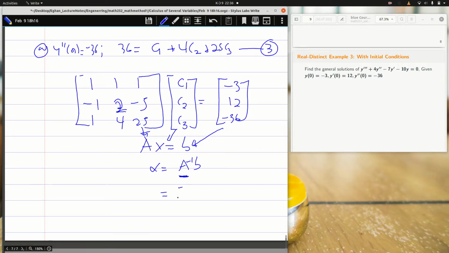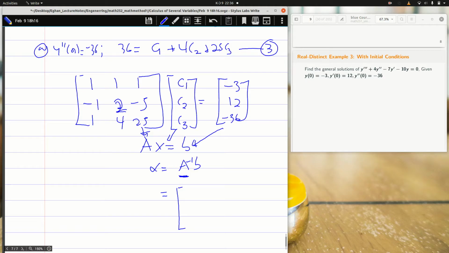Let me check my calculator here. I have -5 on 2 for the first one, and then 1 for the second, and then -3 on 2 for the last answer. It means this is C1, this is C2, and this is C3.